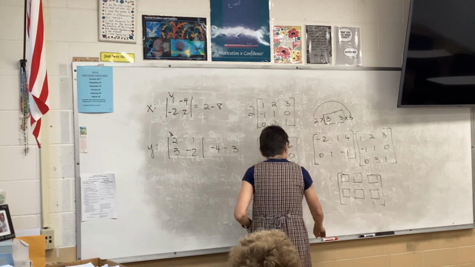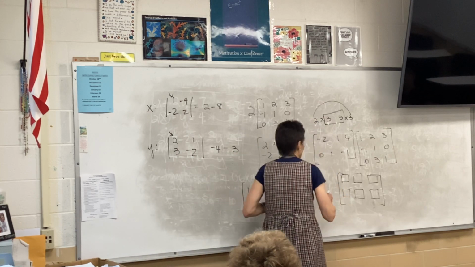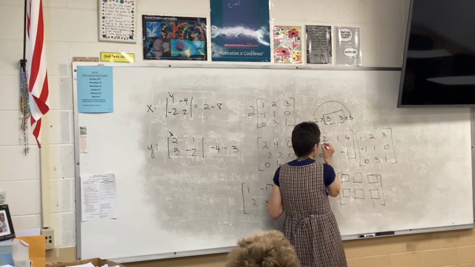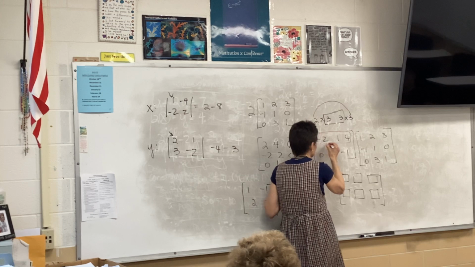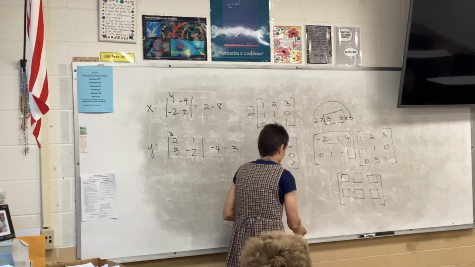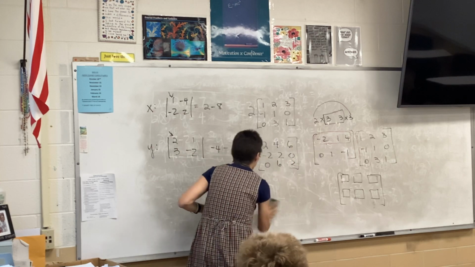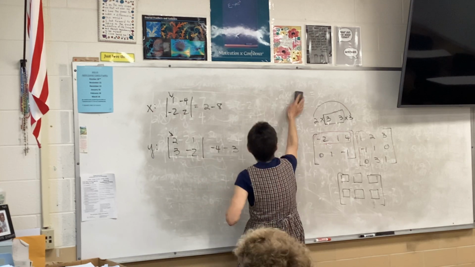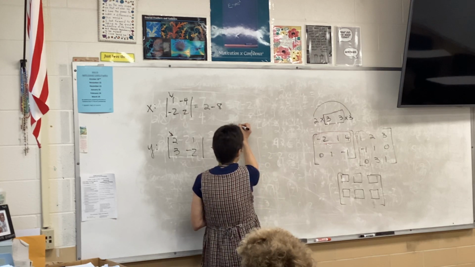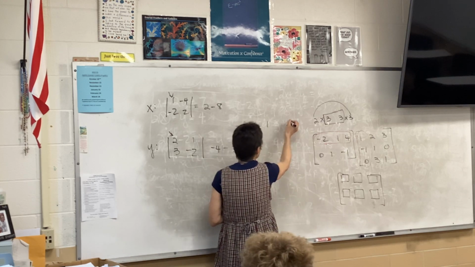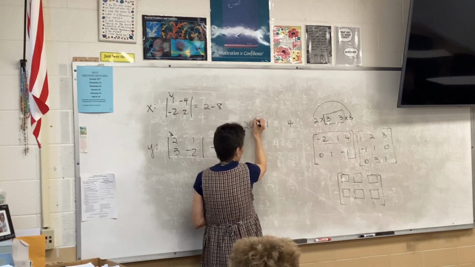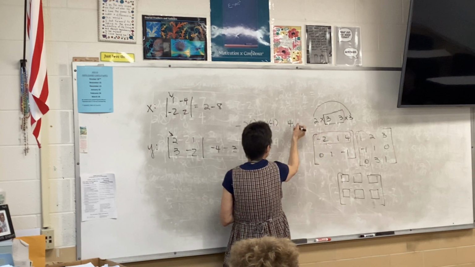To do that, this spot right here is the first row and the first column. So I am going to multiply the numbers in the first row, which are negative 2, 1, 4, times the numbers in the first column, which are 1, negative 1, 0.